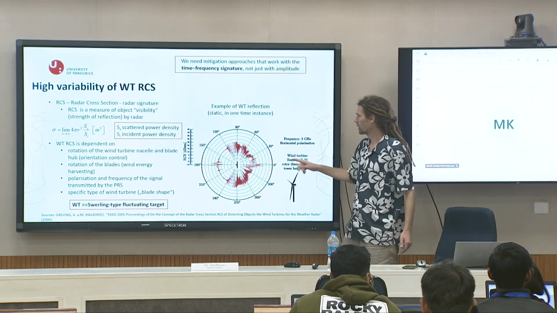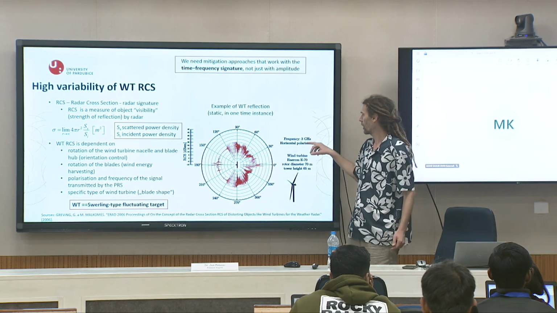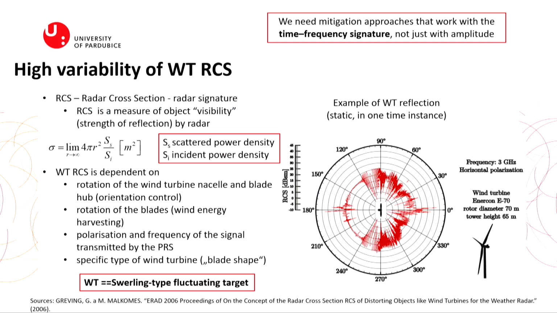This measurement was made at a frequency of 3 GHz with horizontal polarization. It was a wind turbine from the company Enercon E70, with a rotor diameter of 70 meters and a tower height of 65 meters. So a relatively small wind turbine, but it is a nice example of how a real RCS from a wind turbine looks.